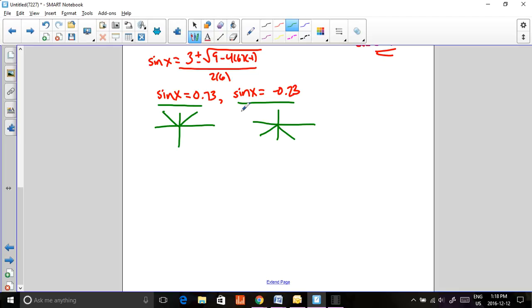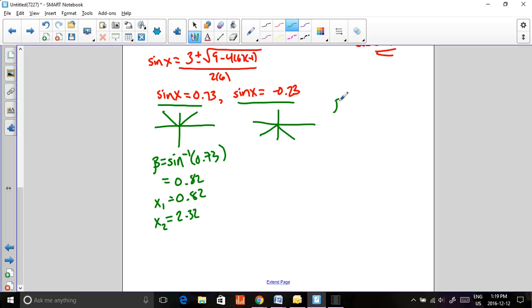So to find beta, you just do the inverse sine of 0.73, and you get that beta is equal to 0.82. So then x1 is 0.82 because it's just in the first quadrant, and x2 is pi minus beta, which gives us 2.32.